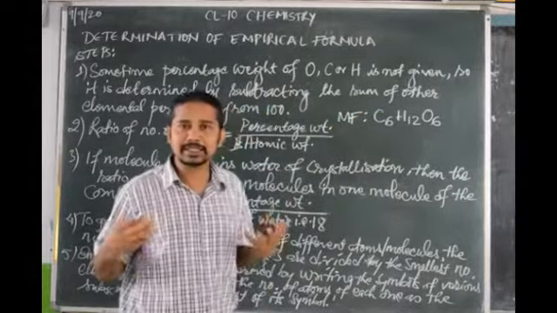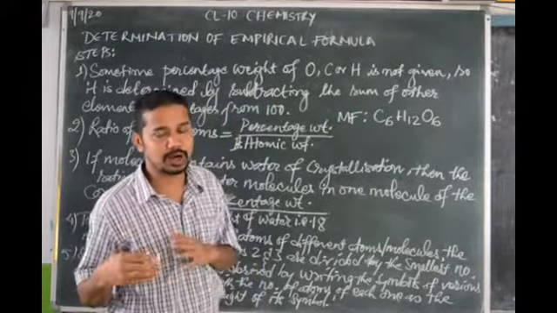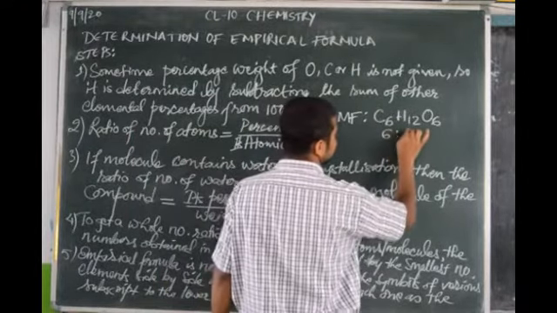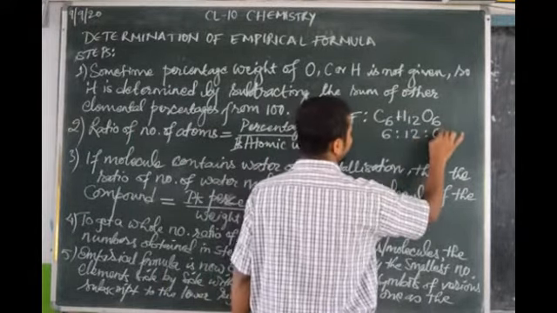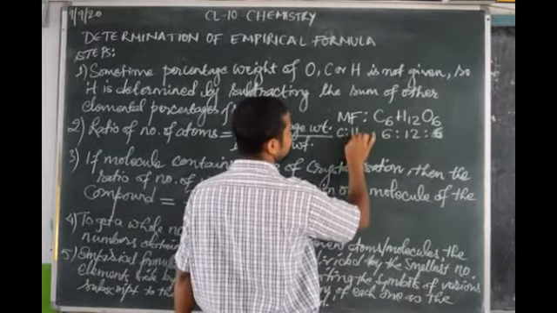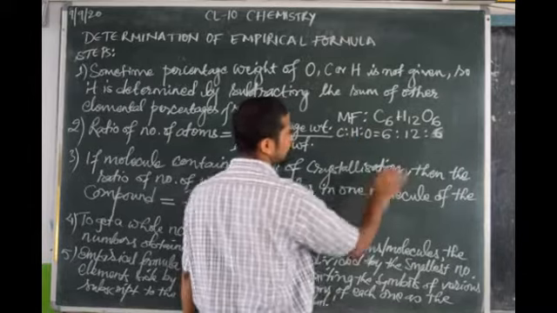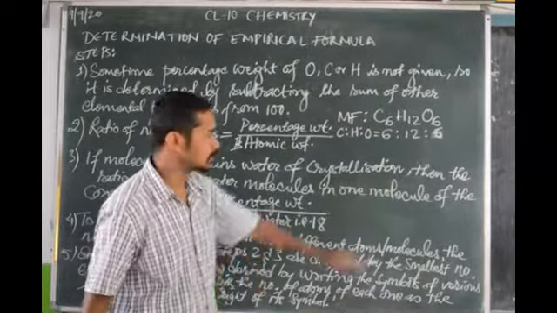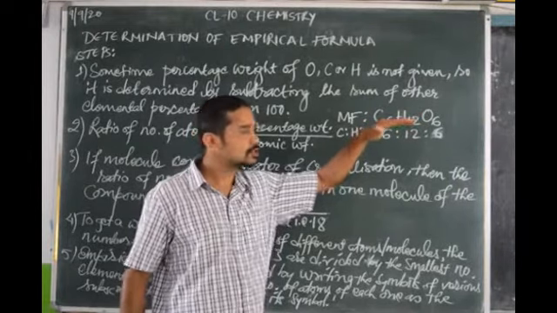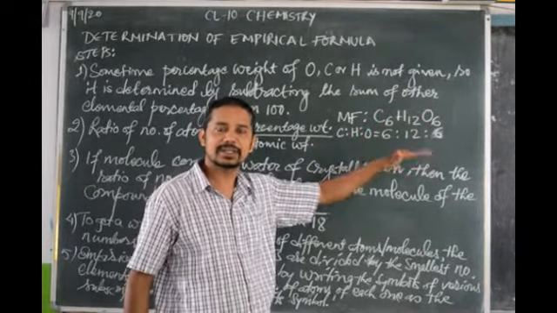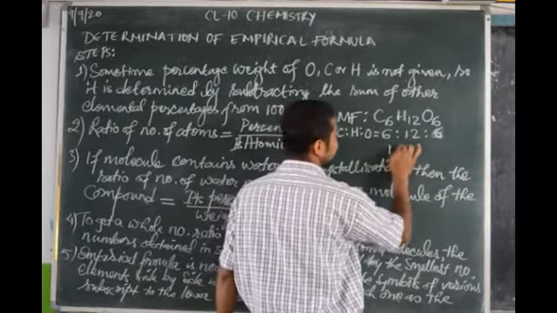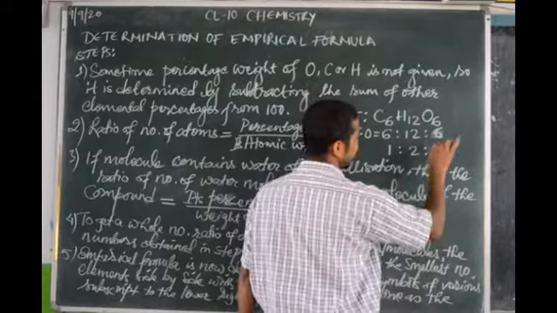But if I have to write the empirical formula, then how will I write it? Here I know that the ratio C:H:O is 6:12:6. But this is not the simplest whole number ratio. So this can be reduced, simplified as 1:2:1.